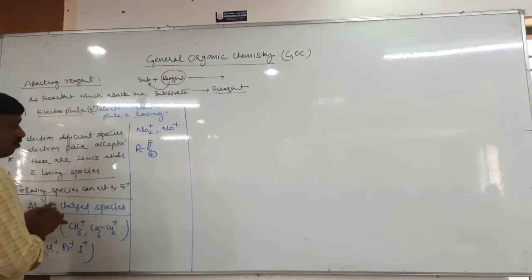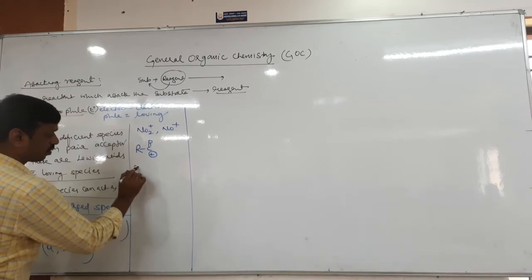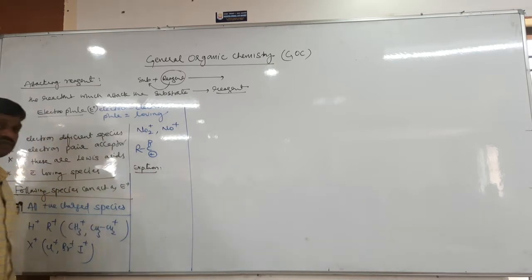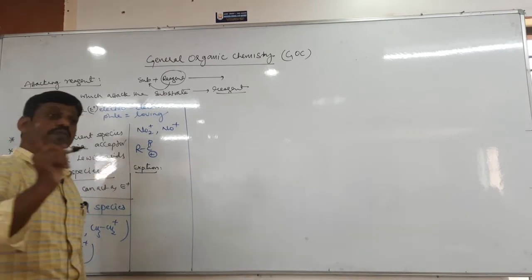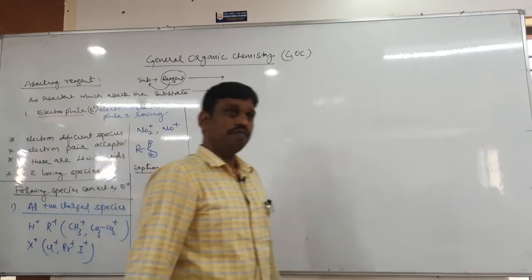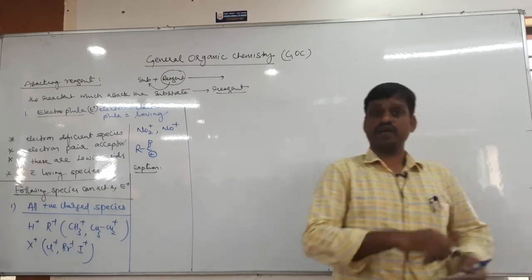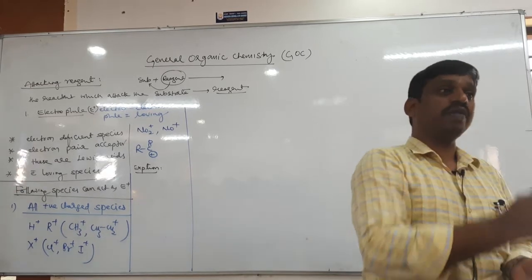What is the exception, the ones that are not electrophiles? The exception is, all positively charged species are electrophiles except first and second group metal cations. First and second group metal cations are not electrophiles. They cannot take electrons because, for example, sodium loses one electron and becomes sodium plus.